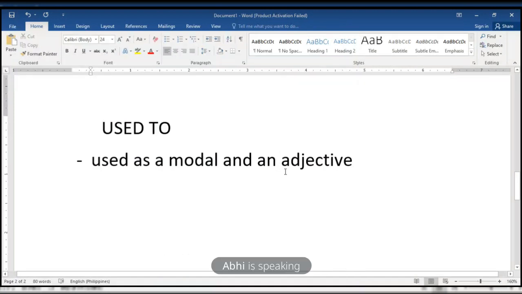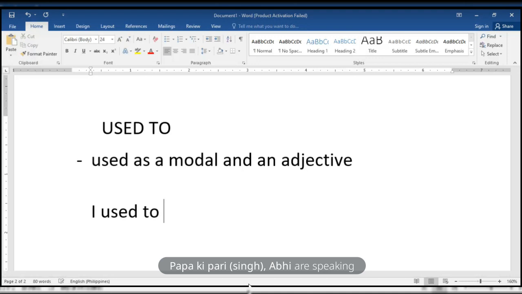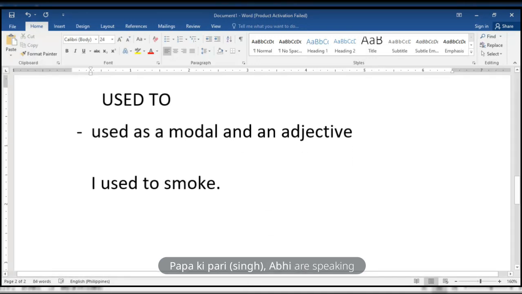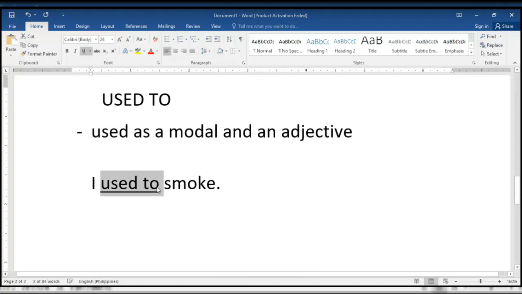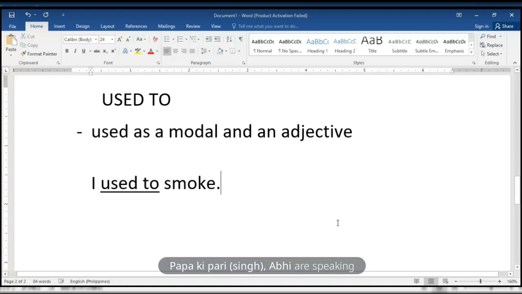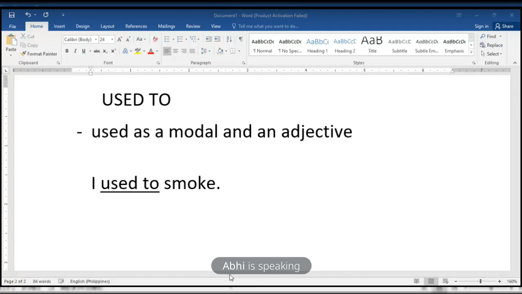Okay, let's take an example. If I say "I used to smoke", here "used to" is a modal, and "smoke" is the verb's first form.